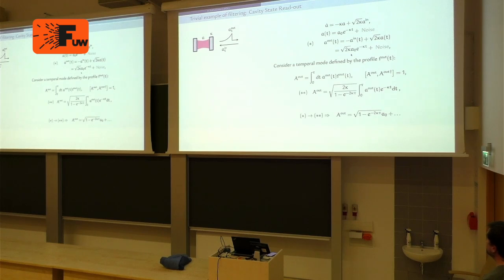So if I then define this proper temporal mode for my leaking light, I can find that my output temporal mode is proportional to what I want to measure with such a coefficient of proportionality, which we can see that it essentially goes to 1 if I measure it for sufficiently long time. Visually, we can show this.